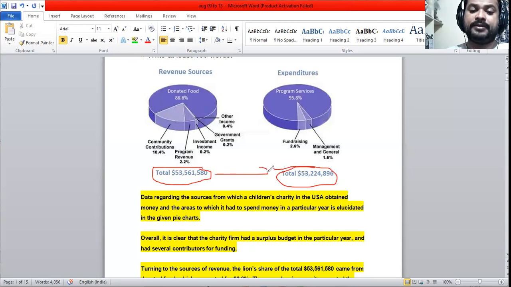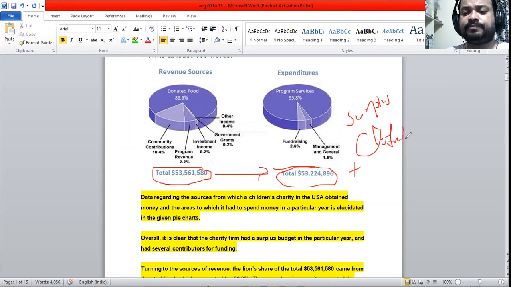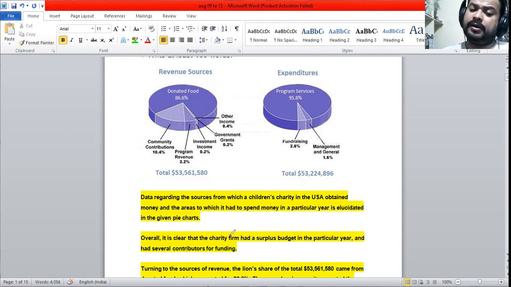If the expenditure is more, it becomes a deficit budget. Surplus means what you get is more and what you spend is less. Deficit means what you get is low and what you spend is more. So we have a surplus budget and had several contributors for funding, 1, 2, 3, 4, 5, 6.